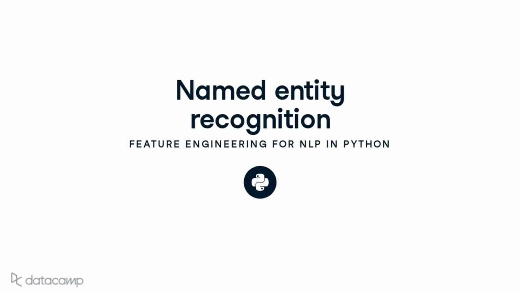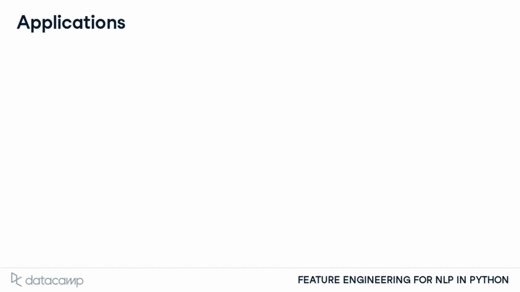The final technique we will learn as part of this chapter is named entity recognition. Named entity recognition, or NER, has a host of extremely useful applications. It is used to build efficient search algorithms and question answering systems. For instance, let us say you have a piece of text and you ask your system about the people that are being talked about in the text.